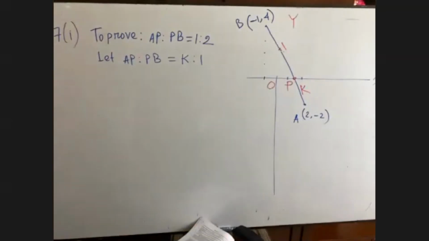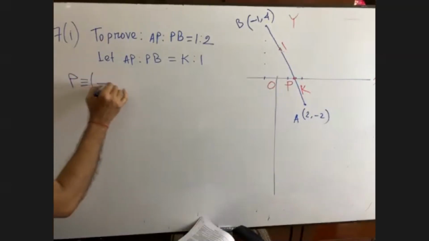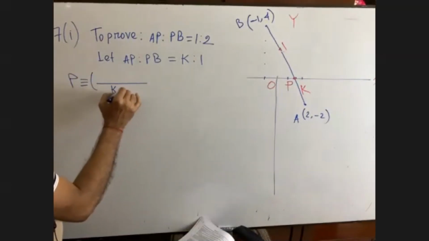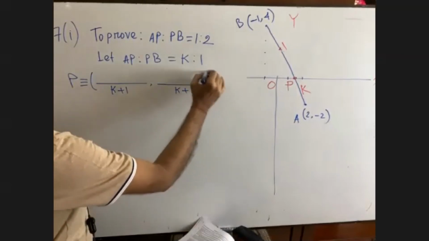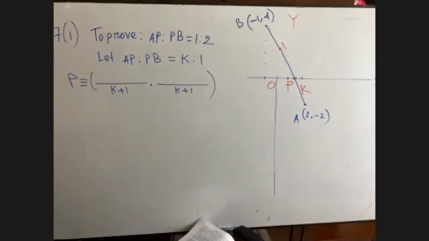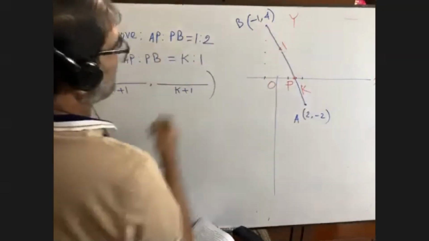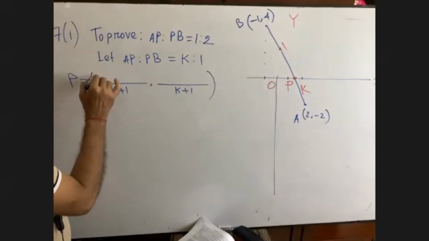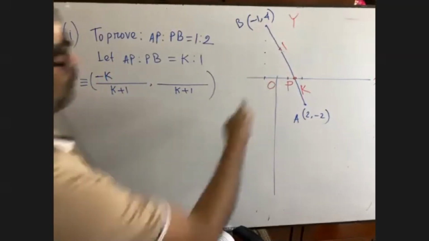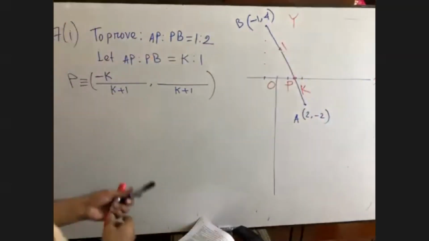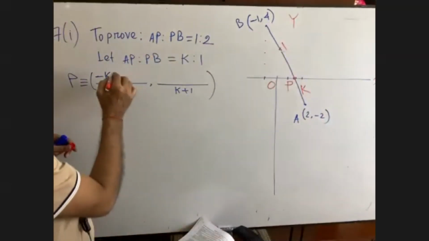Talk to me. Now just let me know, P equals to what? K plus 1, here also K plus 1. That means we are getting K into minus 1, that is minus K, and 1 into 2, that is plus 2.